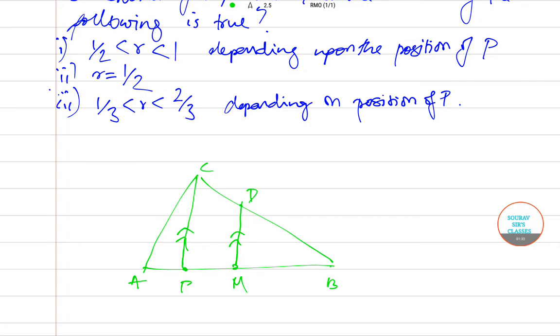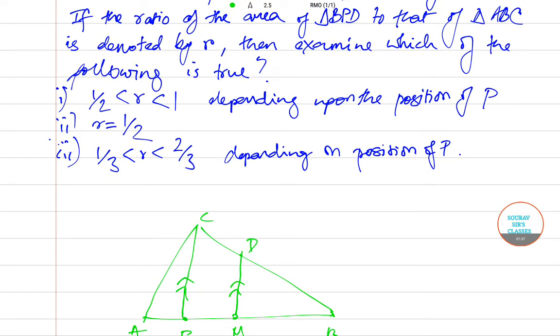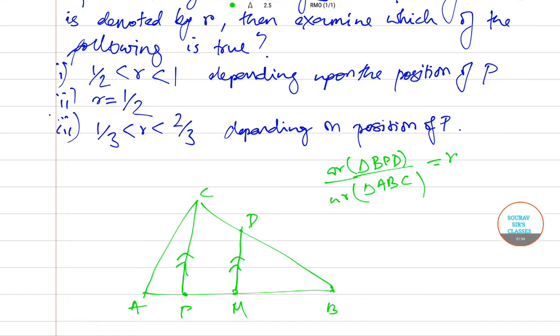We have been asked for the ratio of triangle BPD to that of triangle ABC. This is the ratio of area. So area of triangle BPD by area of triangle ABC equals R, and we have to find the value or range of R.